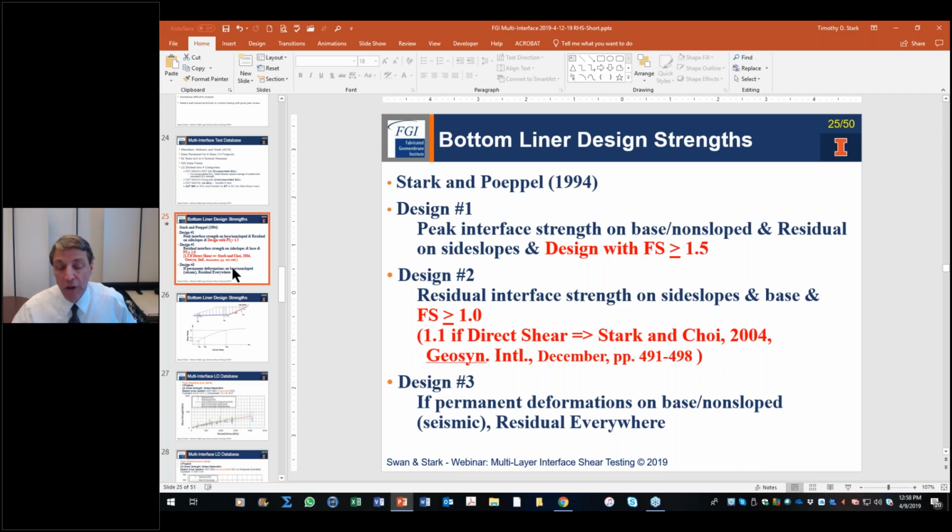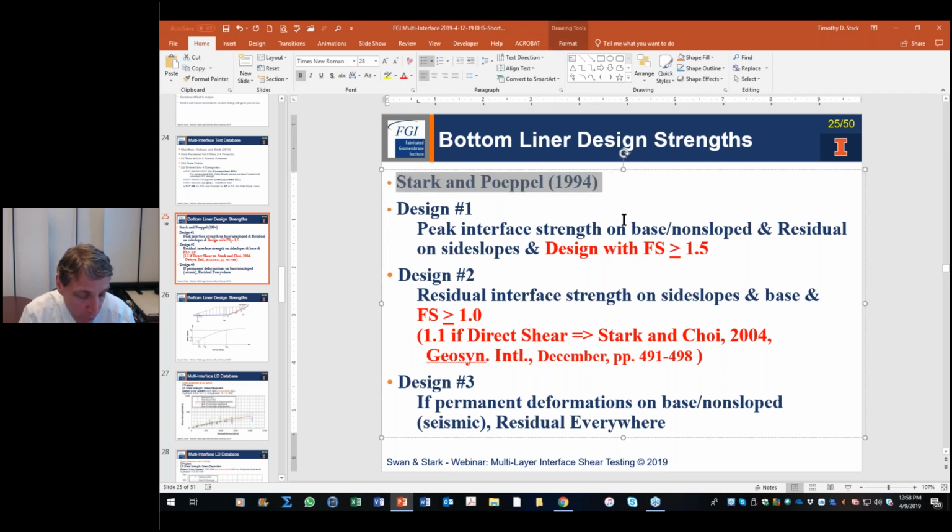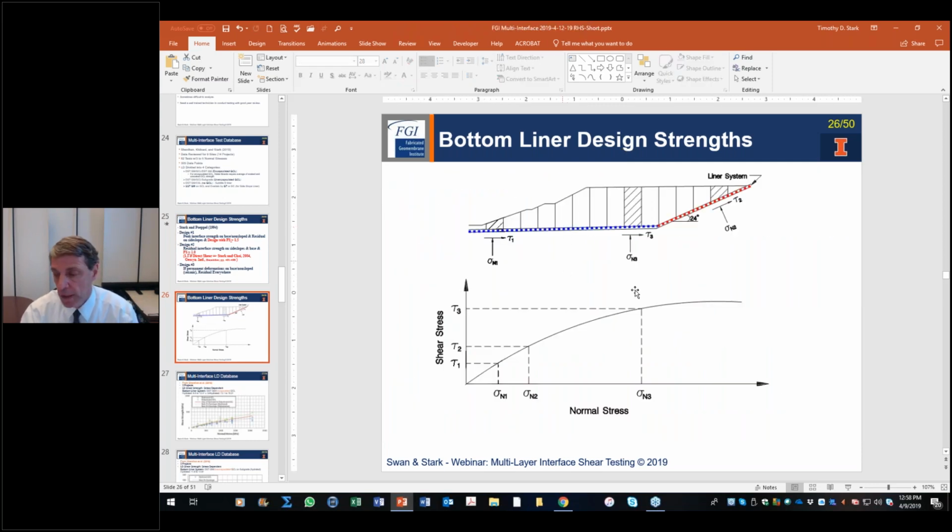Okay. The answer is great. First, great question. There is absolutely field evidence that the critical interface changes with normal stress. And that's one of the key findings of this paper, Stark and Poeppel 94, from the Kettleman Hills slope failure. On the base or the flat portion, and in fact, this is the cross section of Kettleman Hills right here, on the blue area, sliding occurred at the interface between the secondary geomembrane and the compacted soil liner underneath of the geomembrane.